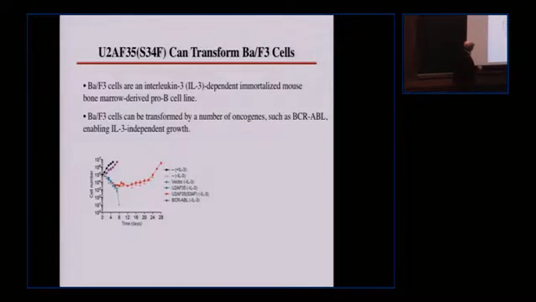But if you introduce oncogenic U2AF35, you also see transformed cells arise, although it takes a longer period of time. The cells, once they arise, have very similar growth rates to the BCR-ABL transformed cells. And we can confirm that these cells are transformed because we can implant them into mice and they form tumors.